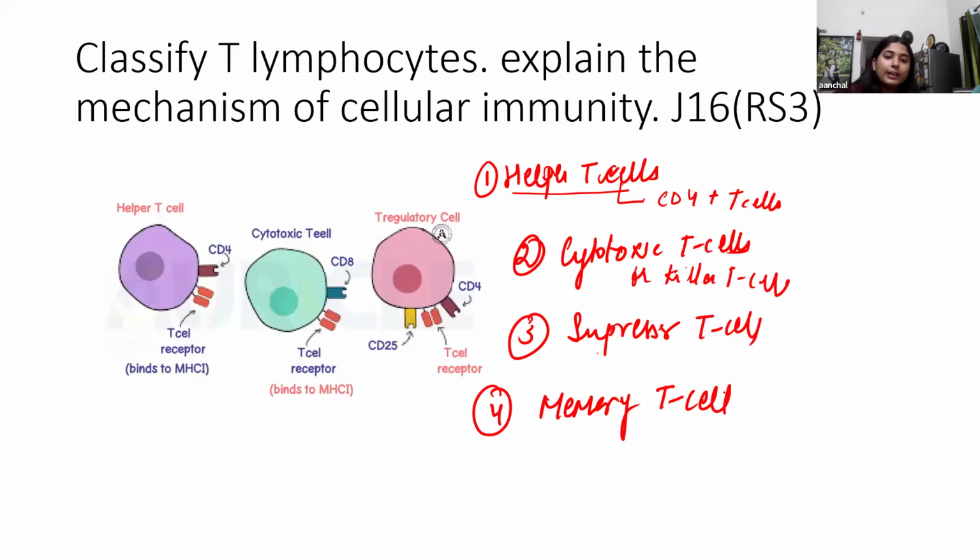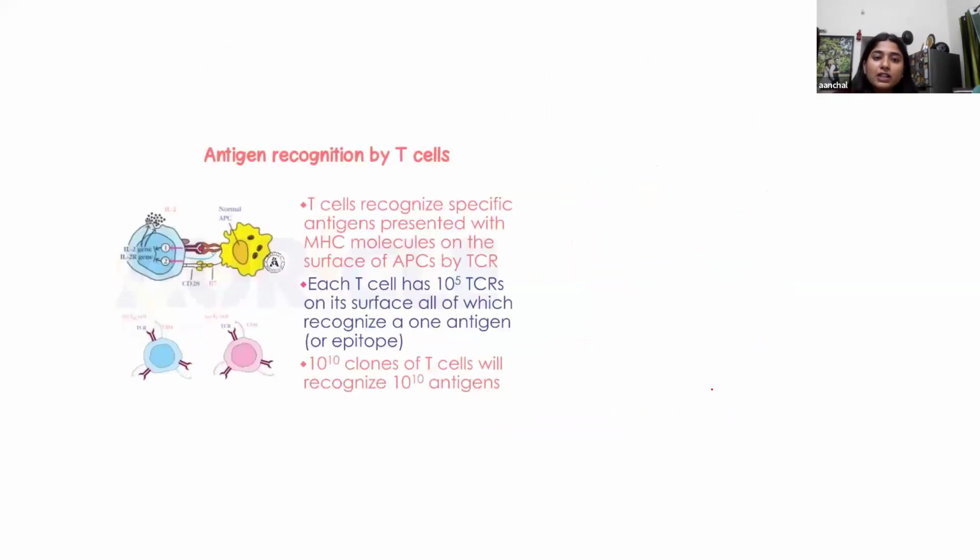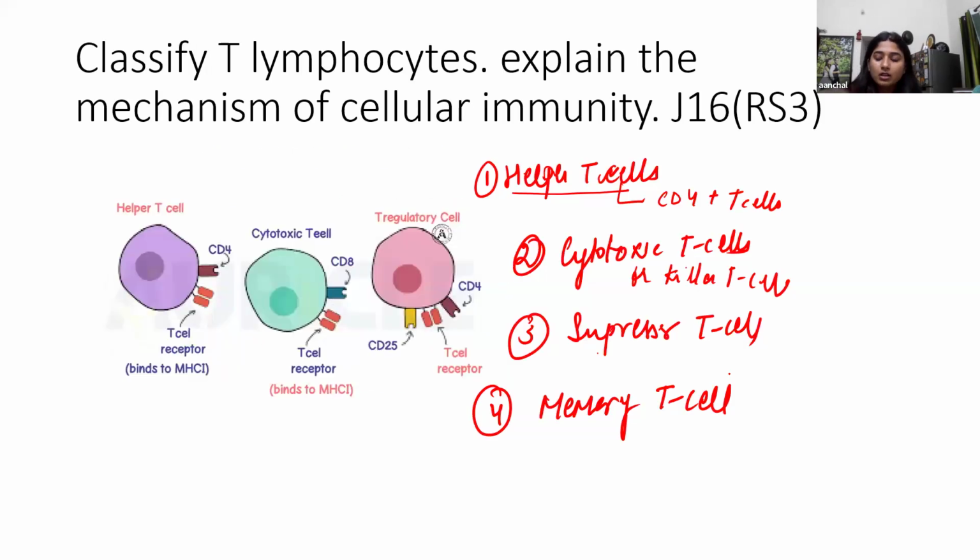Then another thing we have, explain the mechanism of cellular immunity. Whenever we talk about cellular immunity, it means cell mediated. Cell mediated immunity is defined as the immunity developed by cell mediated response.